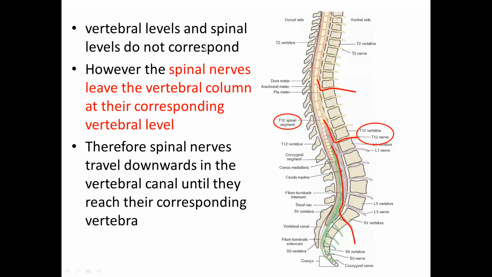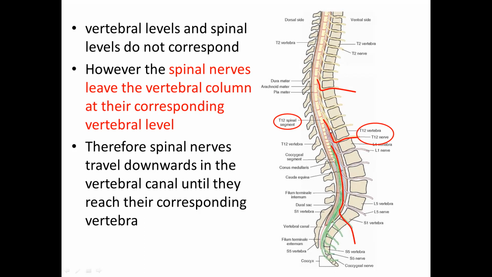As I said, the vertebral levels and spinal levels do not correspond. However, the spinal nerves leave the vertebral column at their corresponding vertebral levels. So this is slightly different from what I said before. When you have a spinal segment, say this is the T12 spinal segment, this is the nerve which now comes out of that T12 spinal segment, and it will travel down in the vertebral canal, and it will come to its specific vertebral body, and then only it will exit the vertebral canal.